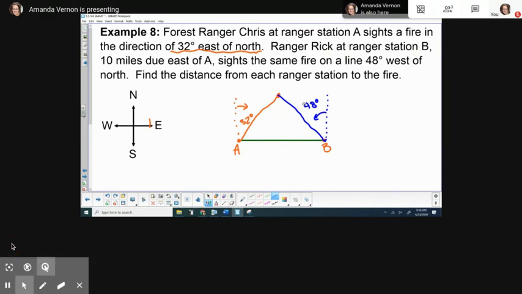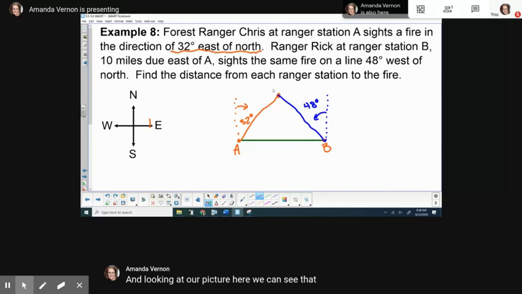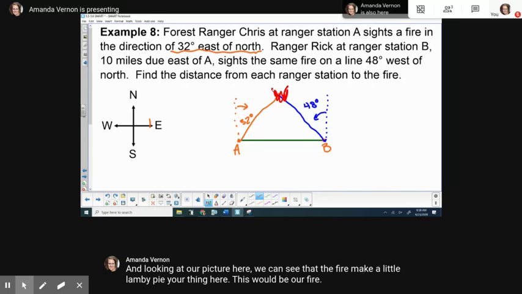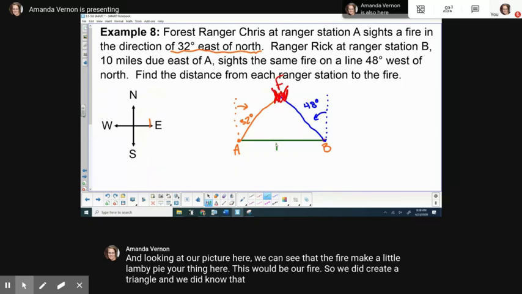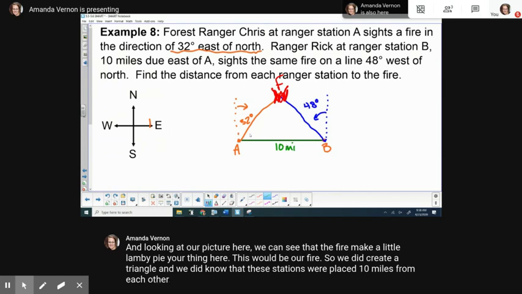And looking at our picture here, we can see that the fire, make a little flamey fire thing here, this would be our fire. So we did create a triangle, and we did know that these stations were placed 10 miles from each other. And this forms a right angle here.